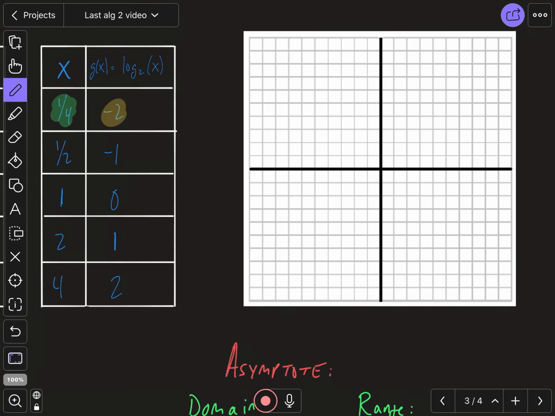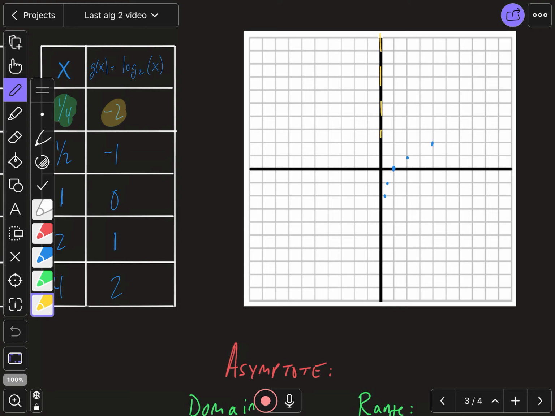So 1/4, -2, right up next to that x-axis. 1/2, -1; 1, 0; 2, 1; and then 4, 2. As you notice here on the left side of the graph, it's getting closer and closer to that y-axis. So again, that's our asymptote.